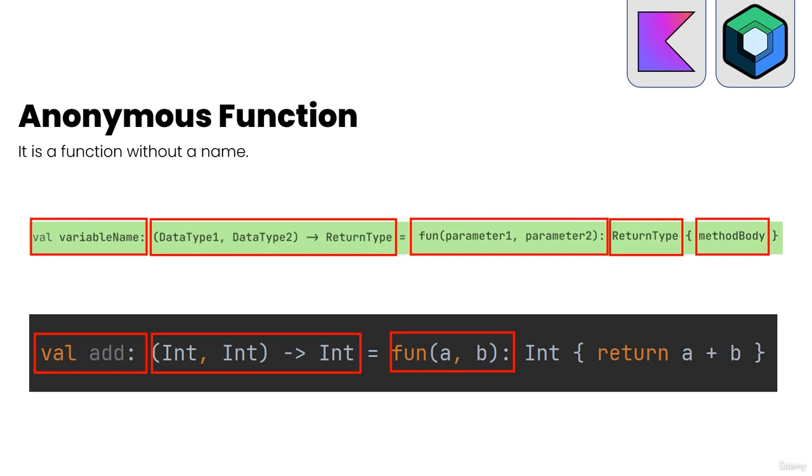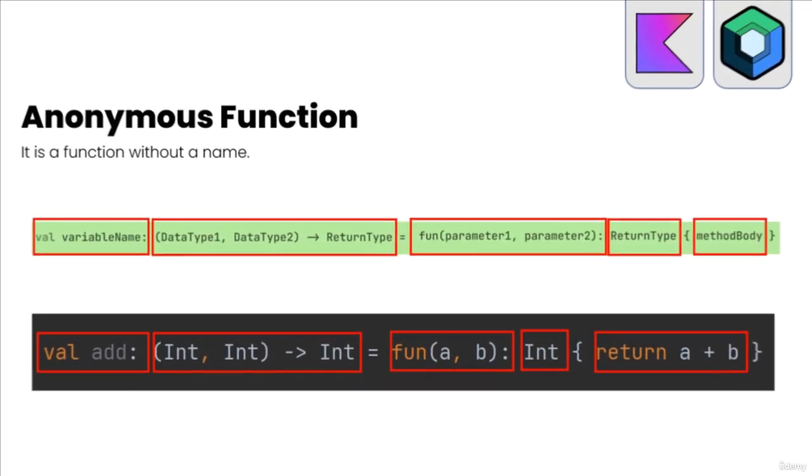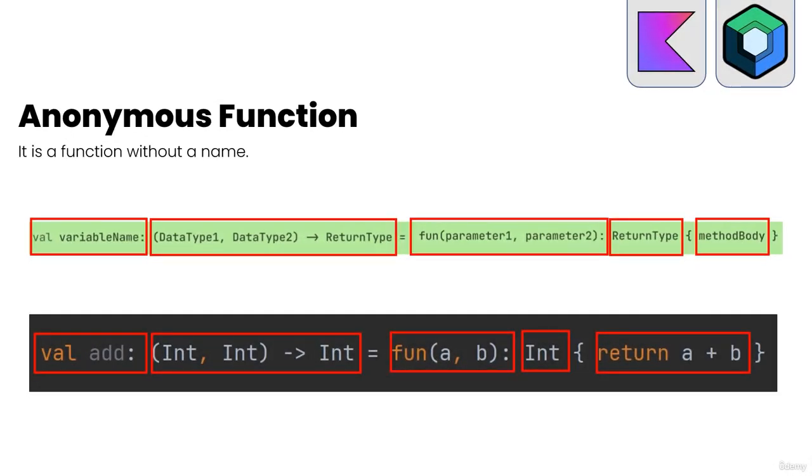So A is an integer, B is an integer. And did you notice here the returning type is an integer? So this is the returning type. And the method body would be A plus B and returning the value of them. So here I am adding A to B, making a simple addition operation, and then returning the value as an integer. So this is the syntax.